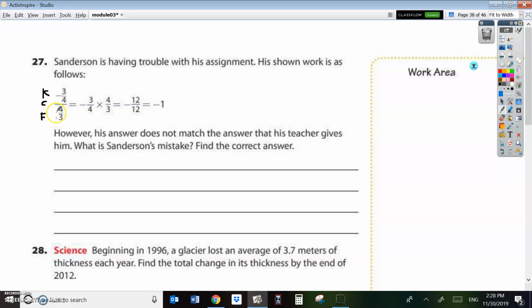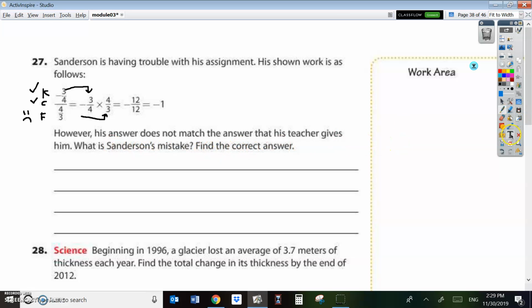But you can see it's 4/3 right here and 4/3 right there. So he kept 3/4 the same. That's correct. He changed division to multiplication. That's correct. But did he flip 4/3? Nope.